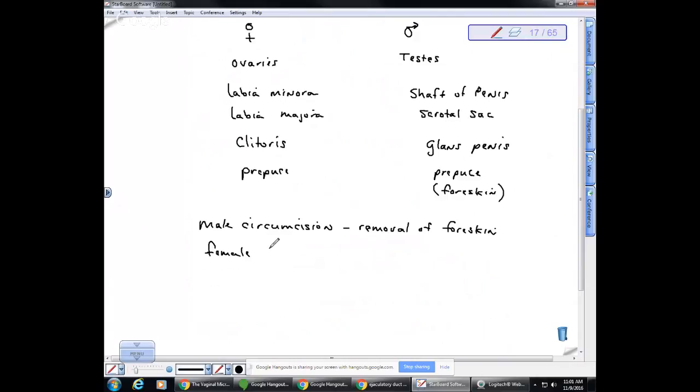But it's not. It's actually called female genital mutilation. It's better to call it that, right? So they used to call it female circumcision to make it sound a little bit better. But in female circumcision, quote unquote, this is actually the removal of the clitoris.